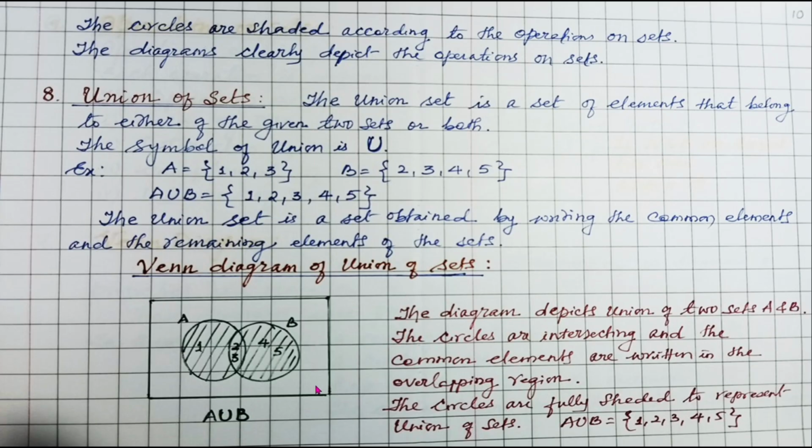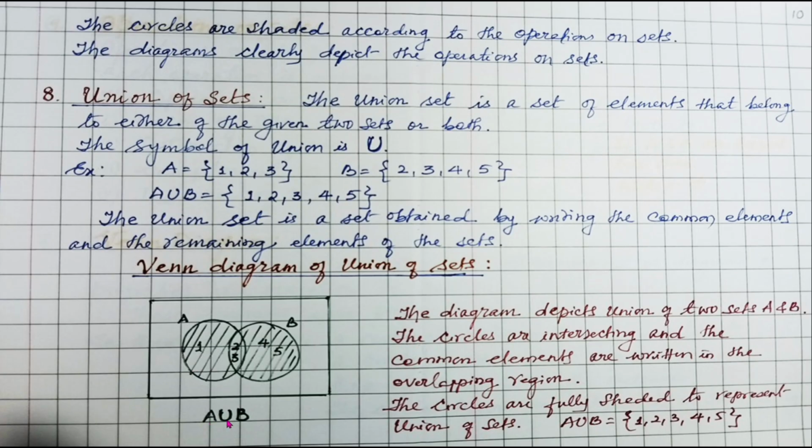Now, drawing the Venn diagram of union of sets. First of all, draw a rectangle, draw two circles. One circle represents the set A, another circle represents the set B. The elements which are common are 2 and 3. So write 2, 3 in the overlapping region of the two circles, and the remaining elements of A are written in the circle A, and remaining elements of B are written in the circle B. So 1 is the element of A, 4, 5 are the elements of B, 2, 3 are common to both A and B. Now shade both the circles as shown.